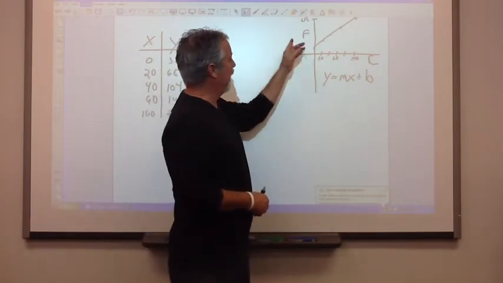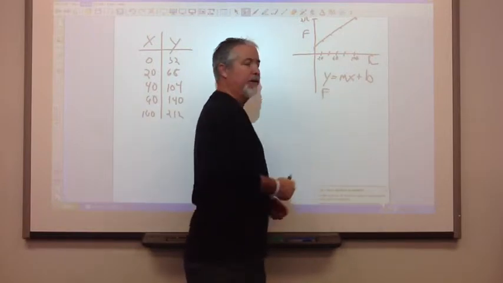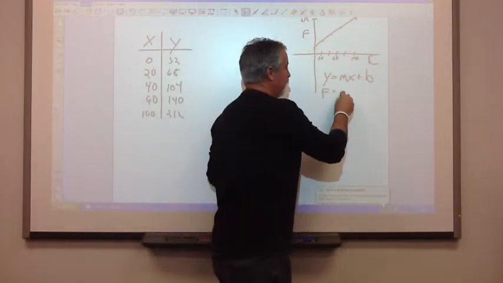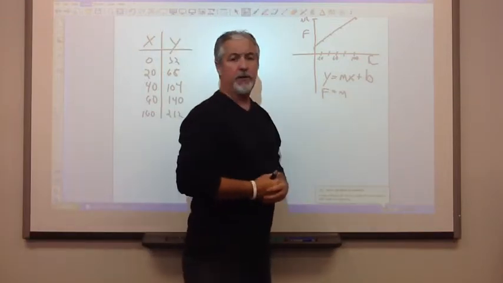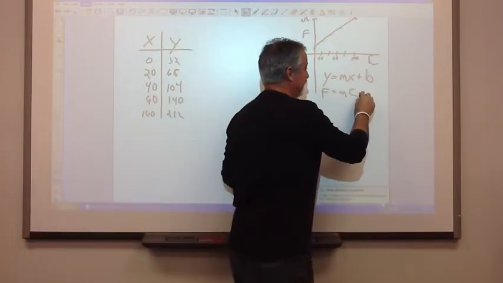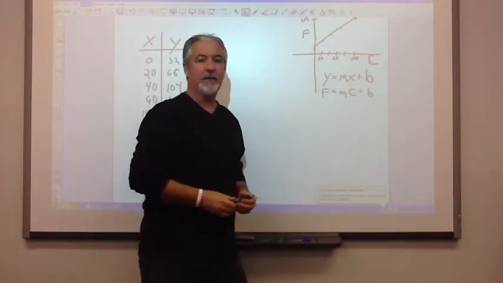So what did I plot on the y-axis? I plotted Fahrenheit. We're going to say that equals m, which stands for the slope of the line, times what I plotted on the x-axis, which will be Celsius, plus b.